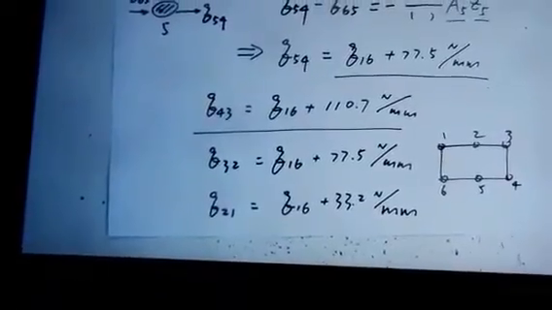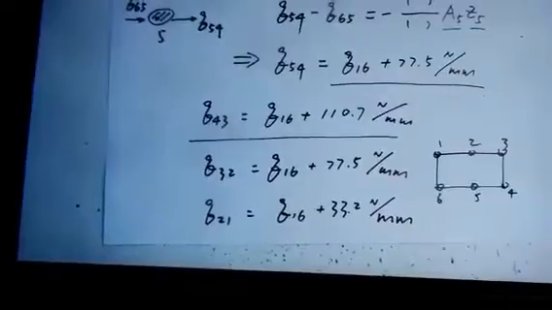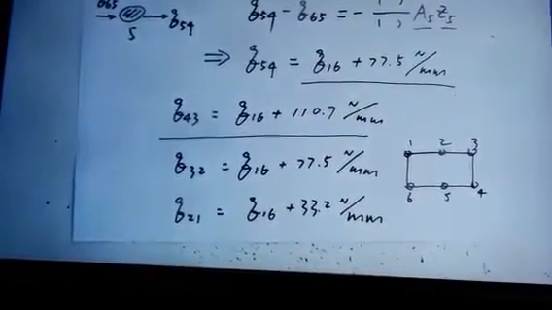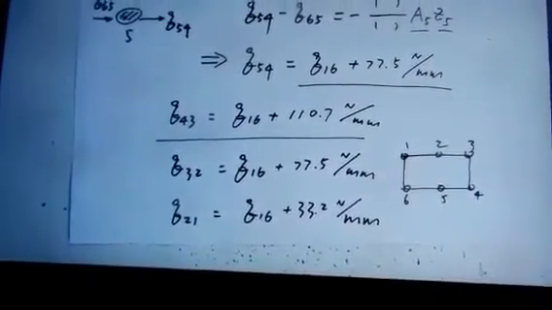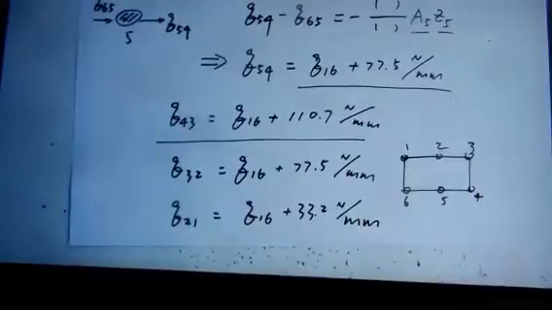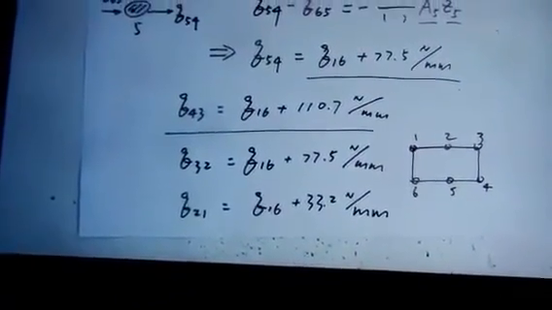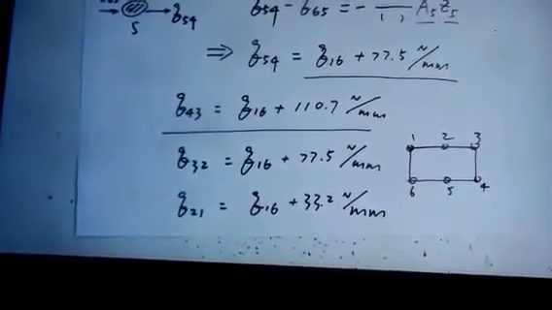So you have everything. All of the shear flows are written as a function of Q16. And when you check the symmetry, 1, 2 should be symmetric with 6, 5, right? 6, 5 is that much, 2, 1 is this much. Forget about the sign first at this stage, because you do not calculate Q16 yet. You do not know what is the sign.